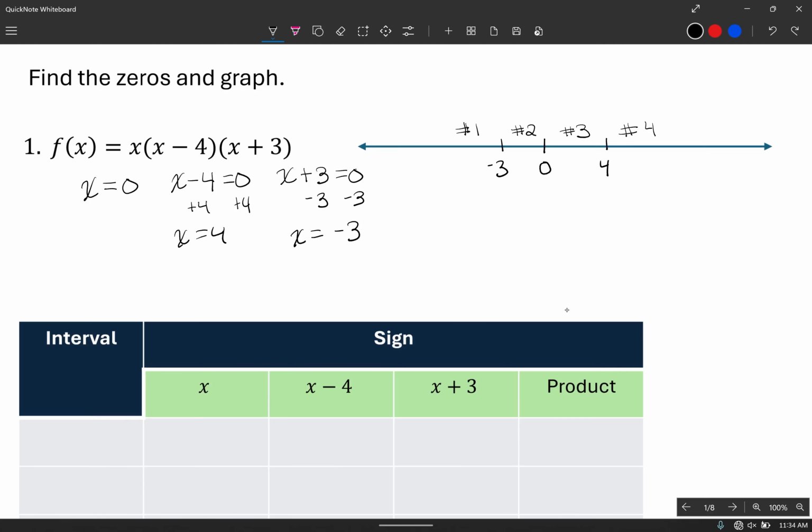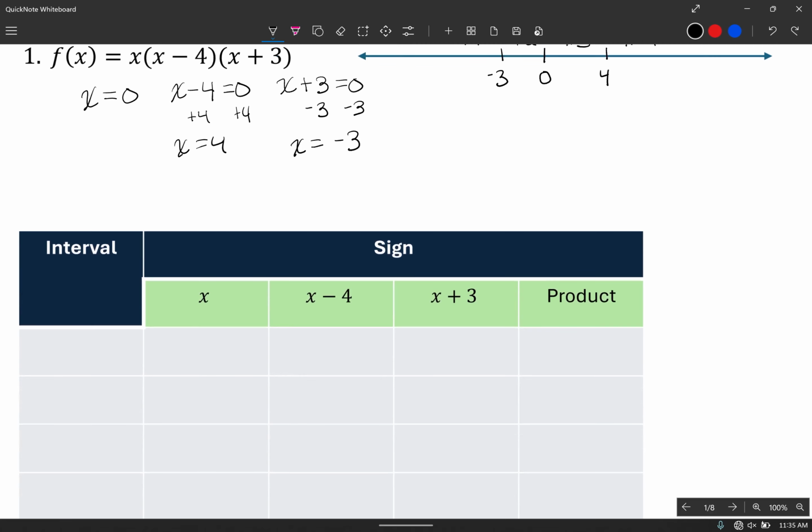Okay. So for our intervals, the first interval is going to be to the left of negative 3, which would be everything that's less than negative 3. So x is less than negative 3. The second section would be when x is between negative 3 and 0.